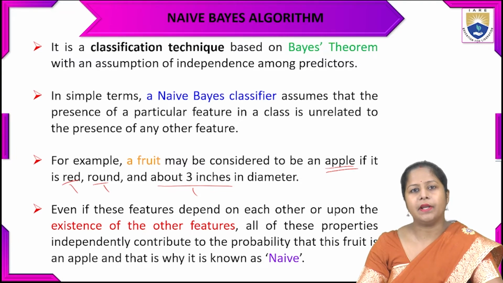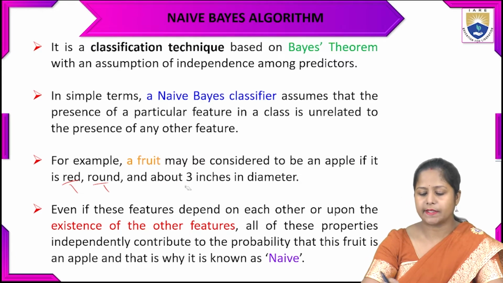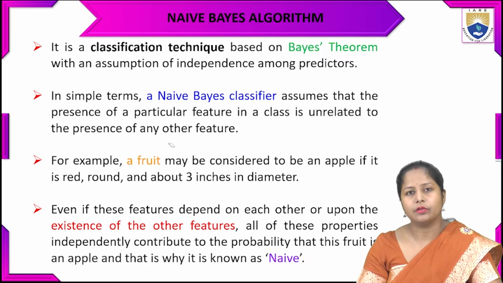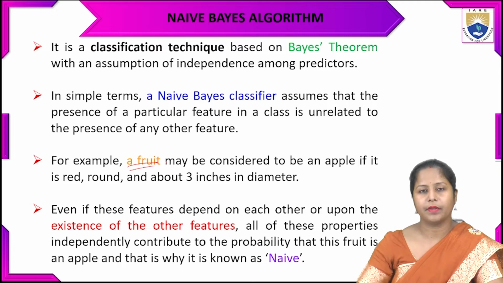If it is an apple, it goes into yes. If it is not, it goes into no. Some fruits have the same properties but are not an apple. So on the basis of the properties, the classifier classifies whether the fruit is an apple or not.